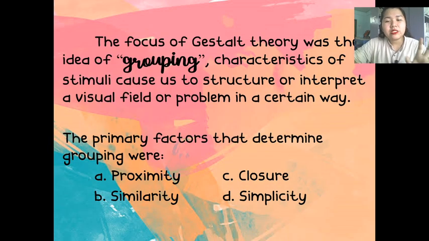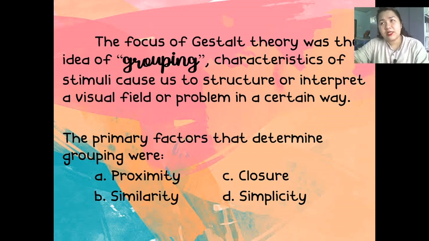Okay, so Gestalt Theory. The focus of Gestalt Theory was the idea of grouping, kasi nga part, then whole. Characteristics of stimuli cause us to structure or interpret a visual field or problem in a certain way. So we have here primary factors that determine grouping. First, we have proximity. Second, similarity, closure, and simplicity.